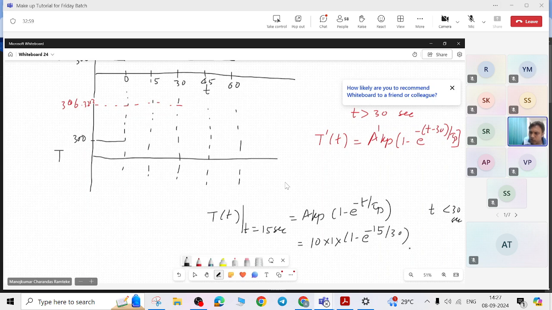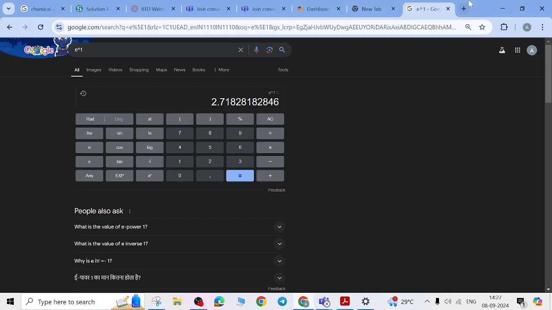So what is the value? Anybody tell me? Can anybody tell me what the value is here? Remember, this will be T dash of t.